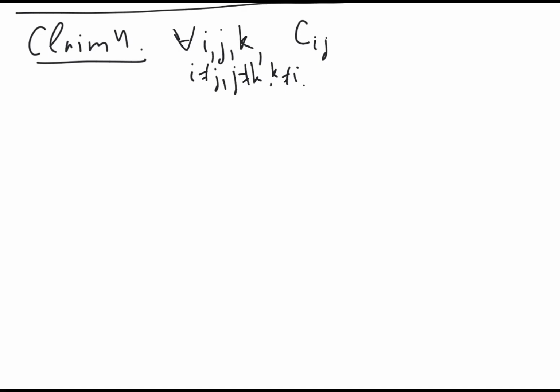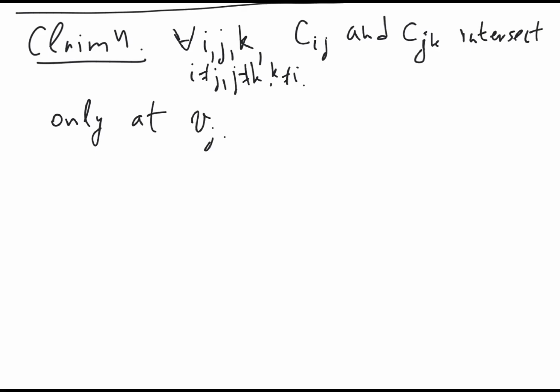So Cij and Cjk intersect only at Vj. So they cannot intersect at any other internal vertices in the path.